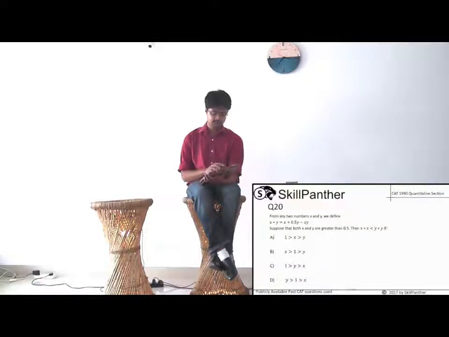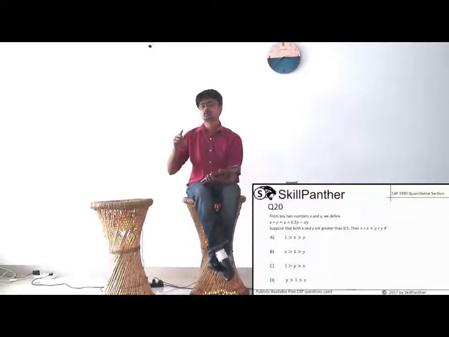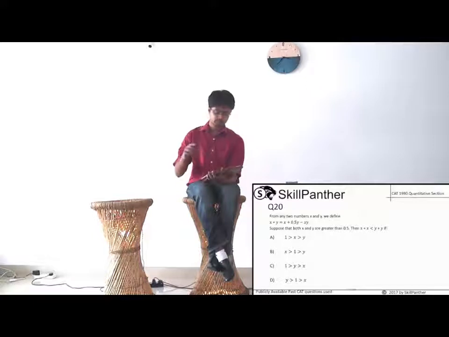We have one case in which x and y are both less than 1 and y is less than x. I have one case in which y is greater than x and one case in which x is greater than y and both of them are less than 1. What will happen? Basically, the overall value of x star x will go up as the value of x goes up beyond 0.5.